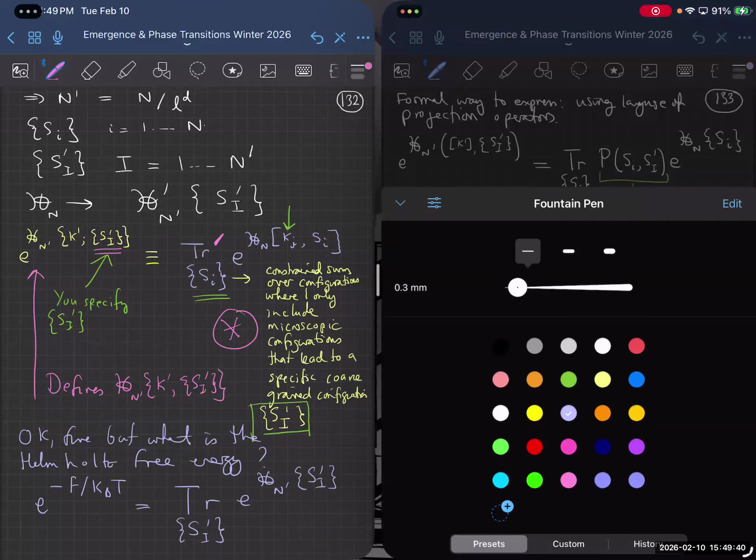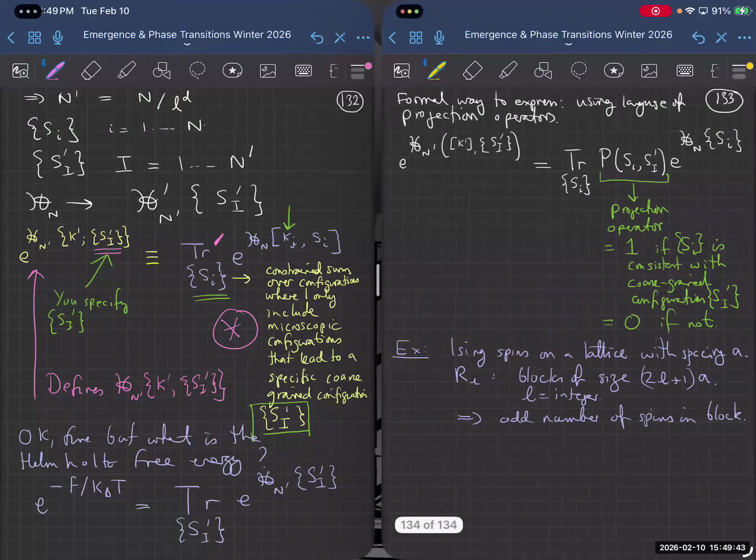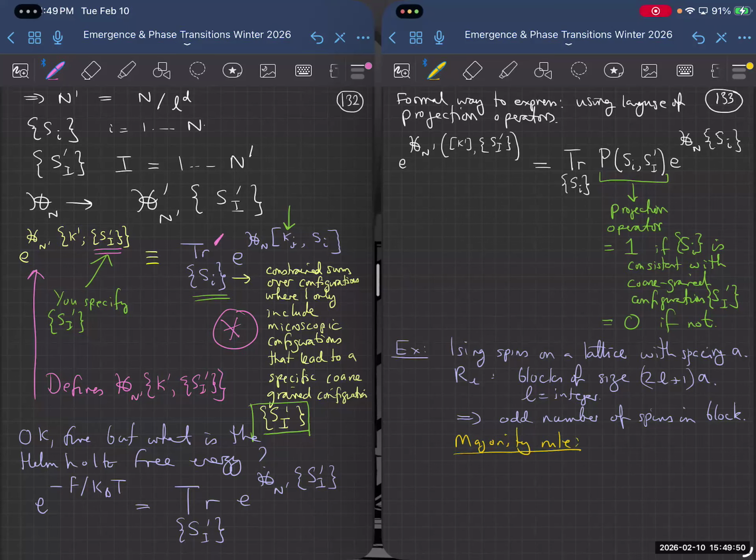So I'm going to use the majority rule coarse graining that I mentioned a few minutes ago. So my majority rule says then SI prime is equal to the sign of the sum of all the spins in the block of SI. And then because it's a sign, it's just plus or minus 1. So if there's more spins pointing up, I get 1. If there's more spins pointing down, I get minus 1. So that is how I define my coarse-grained variable.